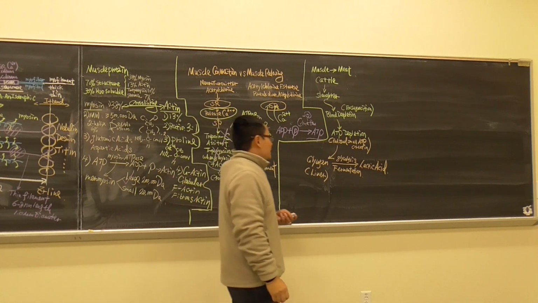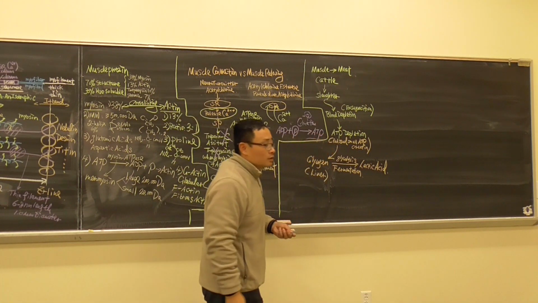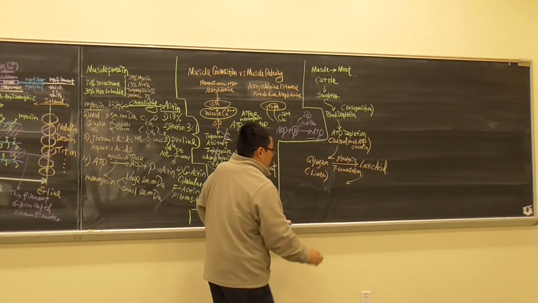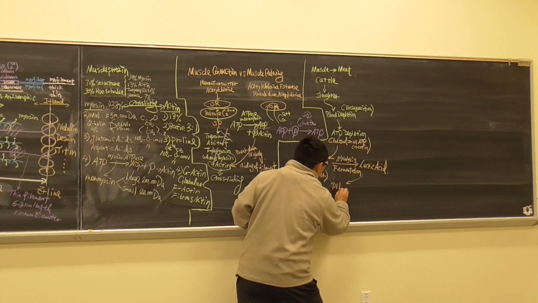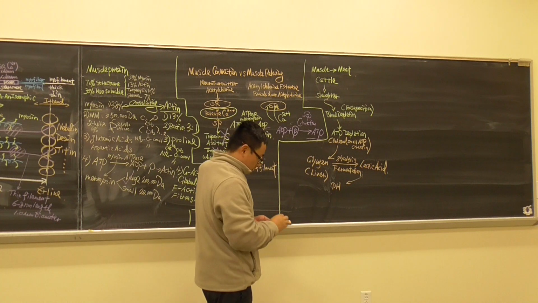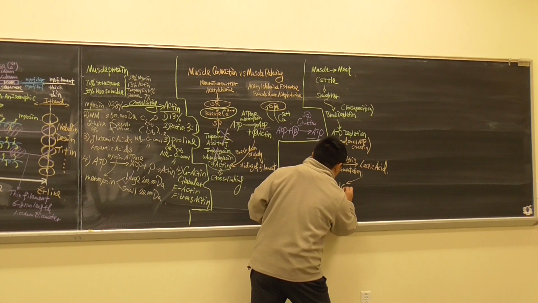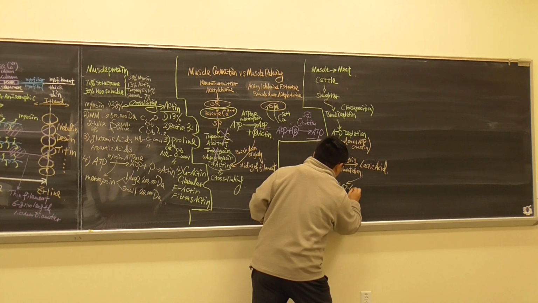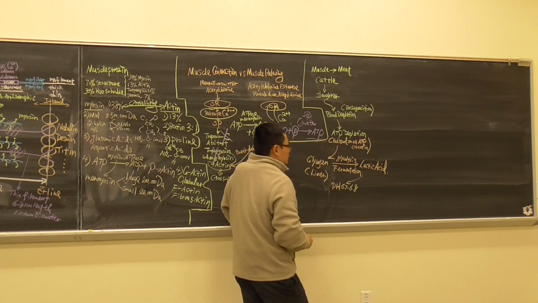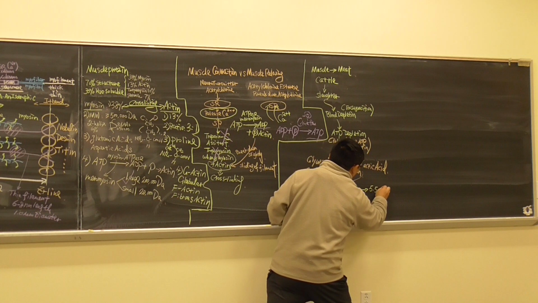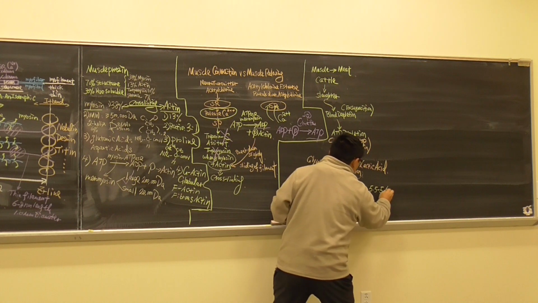Once this lactic acid is generated, what will happen? The pH will decrease. Originally, for a beef cattle, the pH is about 6.7 to 6.8. Once the lactic acid is generated, it will decrease to 5.5 to 5.6.